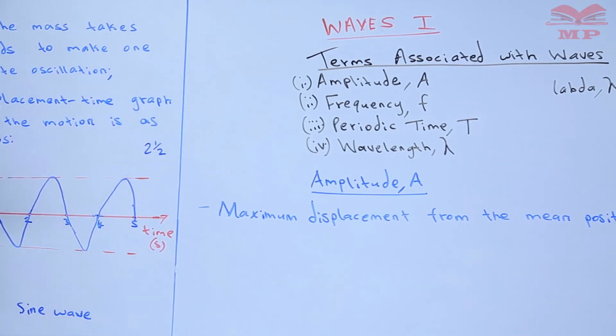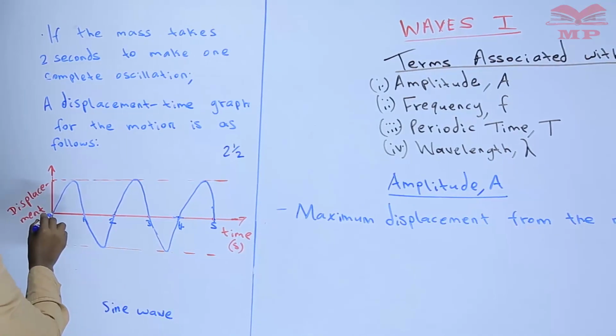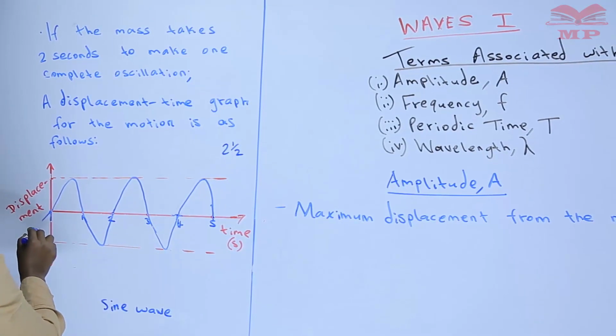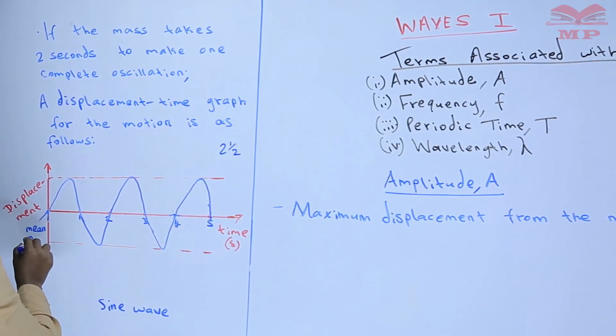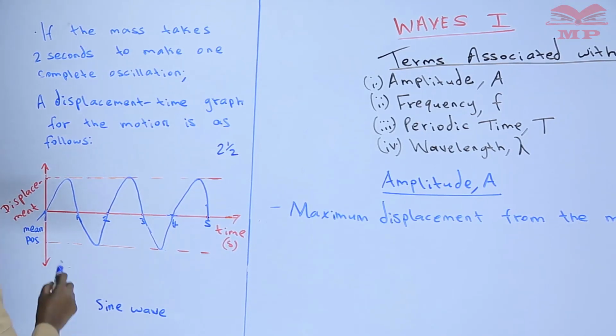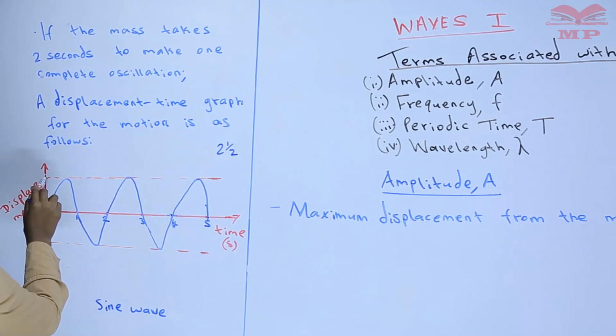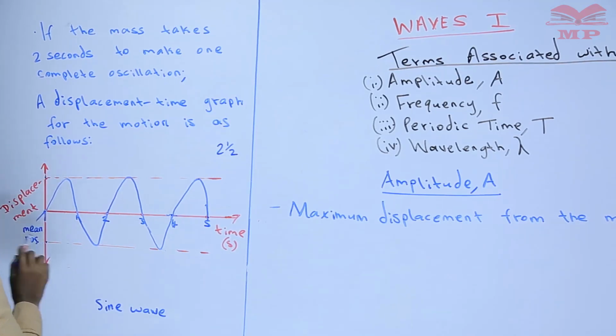So like in our wave here, this is our mean position. Now, our maximum displacement will simply mean the highest point on either side, either here or here.